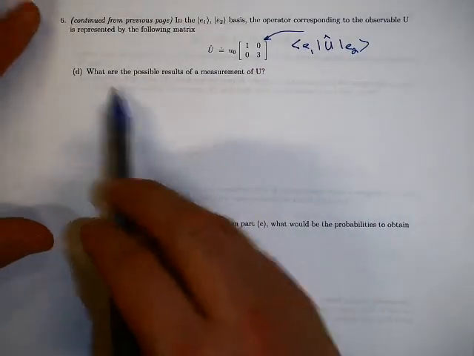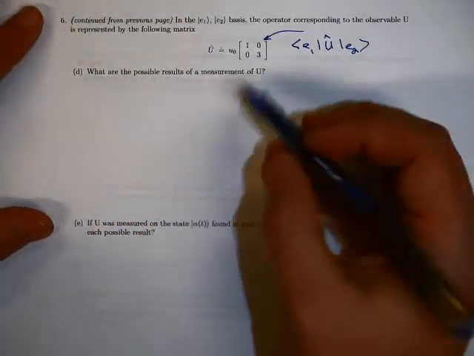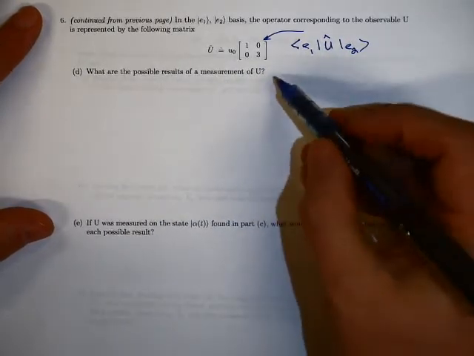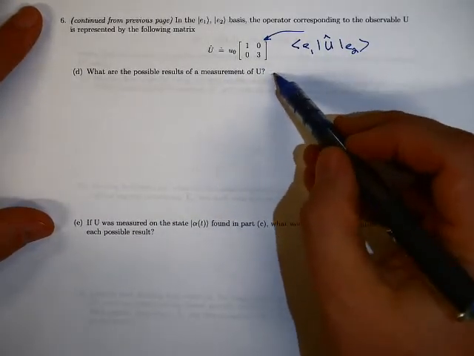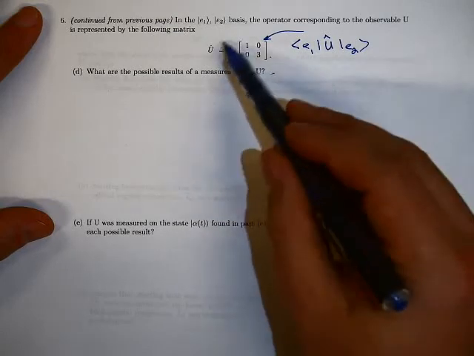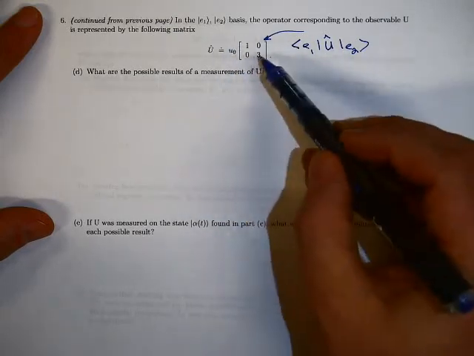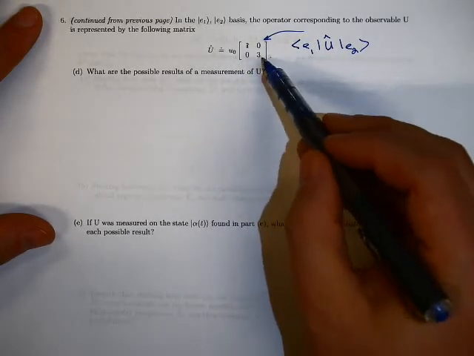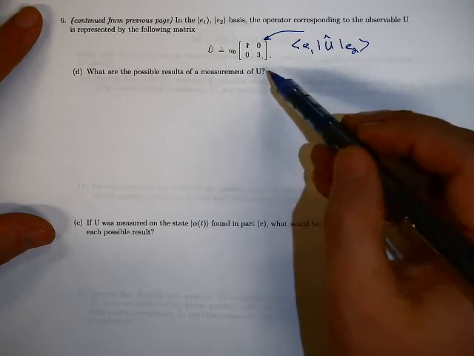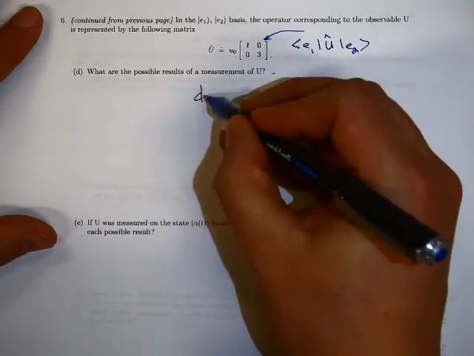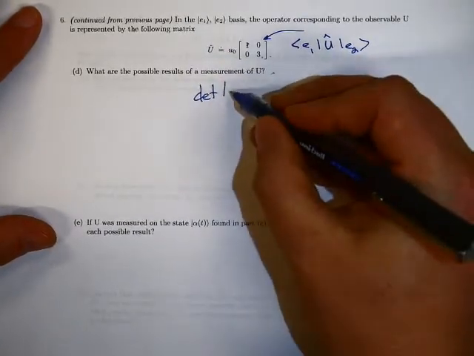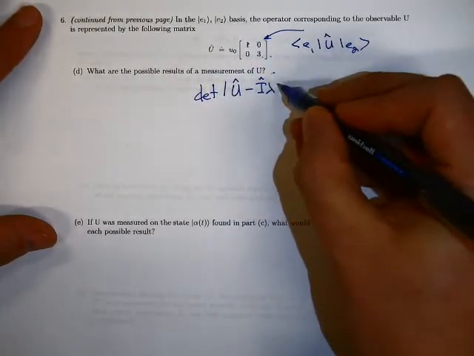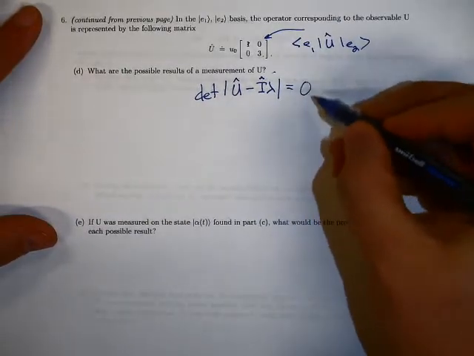All right, so the question is, what are the possible results of the measurement of U? Well, as always, if we want to know what we can get when you measure something, the answer is the eigenvalues of the corresponding operator. So we need to find the eigenvalues of this. Fortunately, it's already diagonalized, so these diagonal elements are just the eigenvalues. You could set up the characteristic equation and take the determinant of U minus lambda I and set that equal to 0.